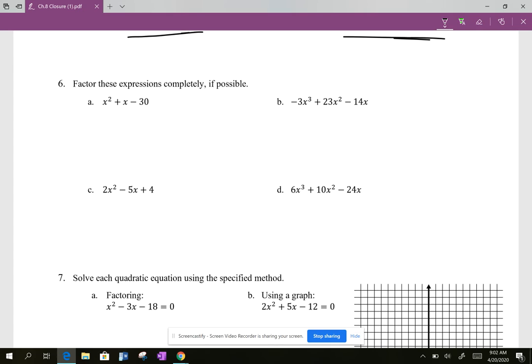For example, I'm going to factor out an x for part D because I have an extra x term. Also, notice that 2 goes into 6, 10, and negative 24. So if I factor out 2x, the greatest common factor, the resulting quadratic will just be easier for me to factor. So if I factor out a 2x from 6x cubed, I'm left with 3x squared.